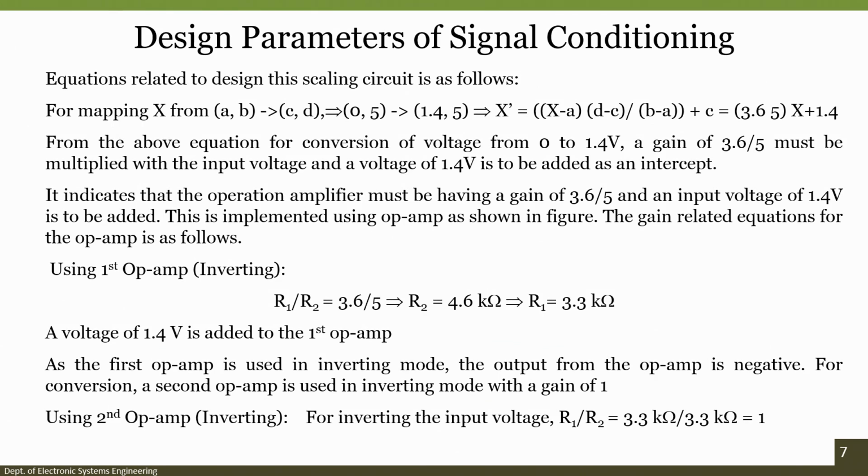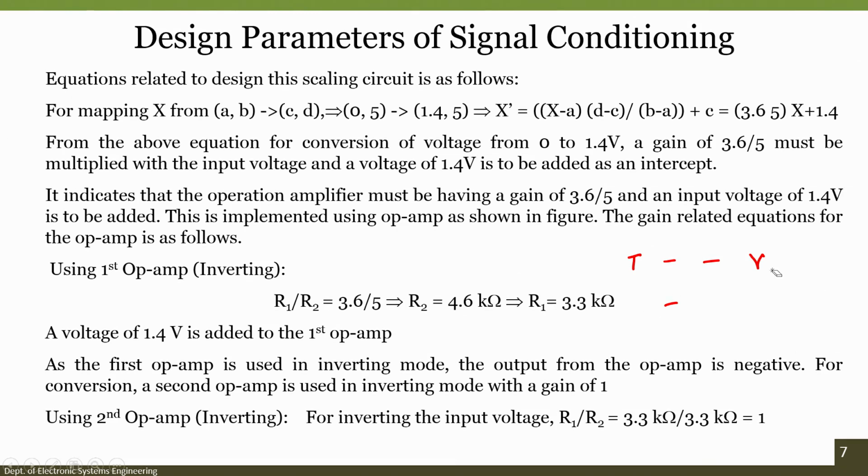Now here we will get into a bit of mathematics. What is your requirement? The input of your function generator is giving 0 volts and 5 volts. But what is the output that you desire? 1.4 volts to 5 volts. Alright.